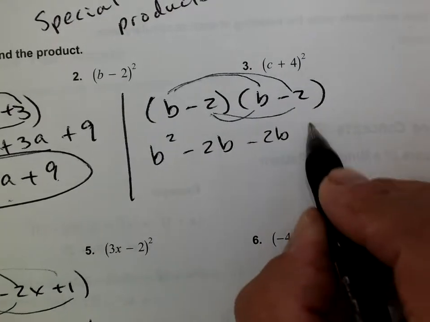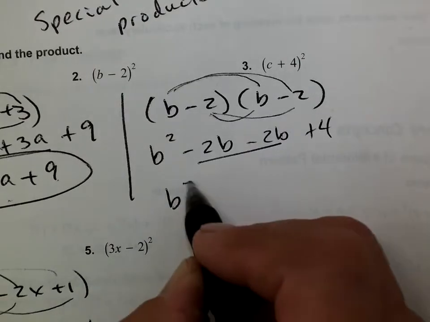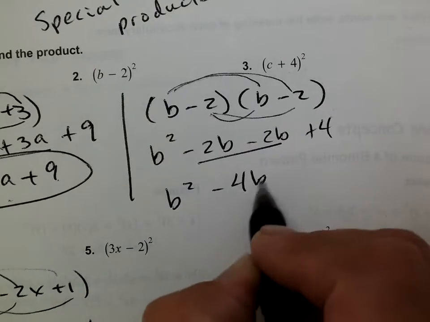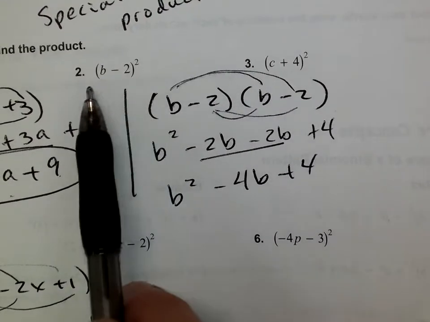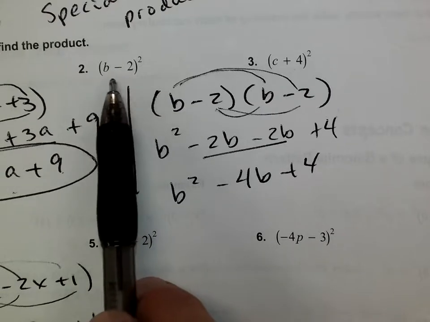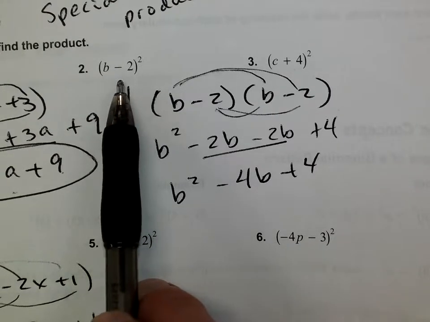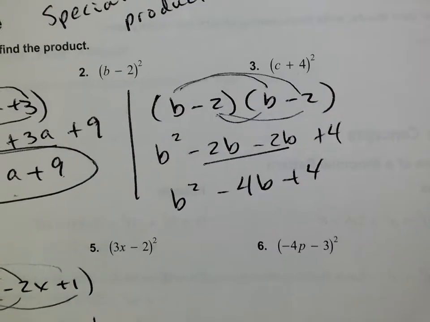Combining the two middle terms, we get b squared minus 4b plus 4. Their trick would say square b, that's b squared. Square negative 2, you get a positive 4. b times negative 2 is negative 2b, and double it. I don't care if you use a trick, as long as you can get it.